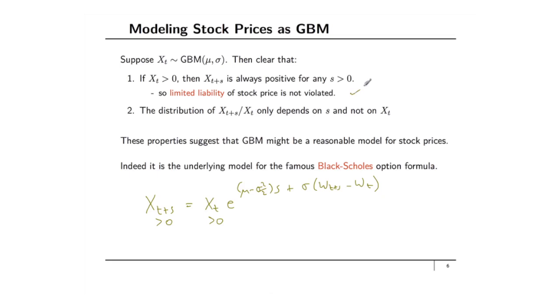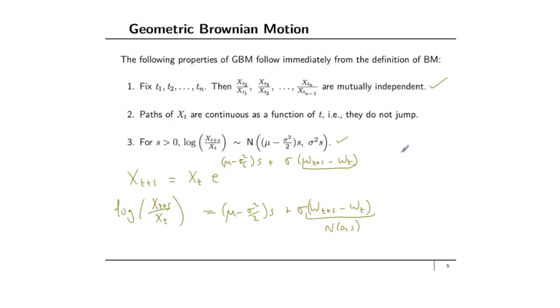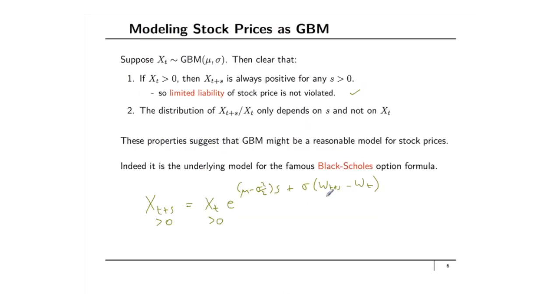Another observation is that the distribution of xt plus s divided by xt only depends on s and not on xt. In fact, this was clear from the previous slide where we had this result here. The log of xt plus s over xt is a normal distribution, and this normal distribution does not depend on xt. It only depends on s and the parameters mu and sigma. And this is nice because we wouldn't expect returns to depend on xt.